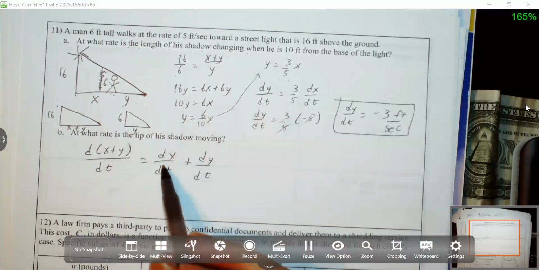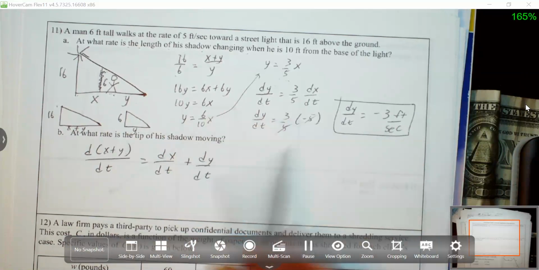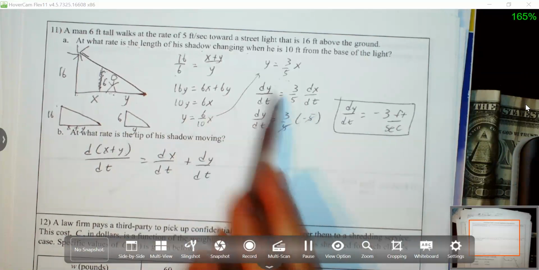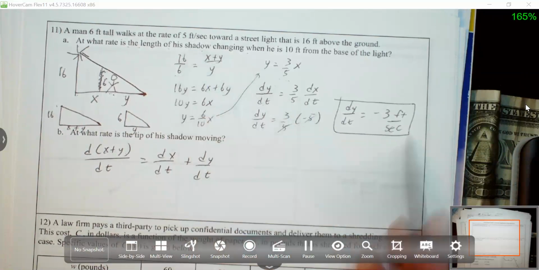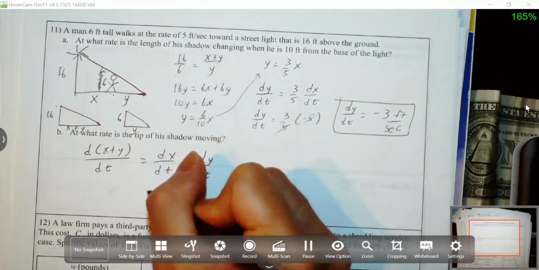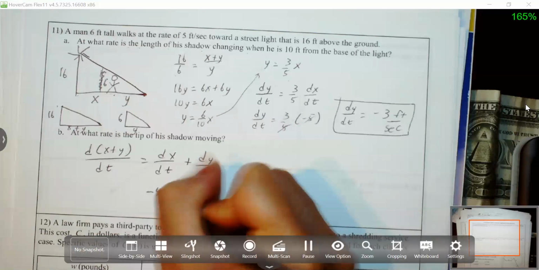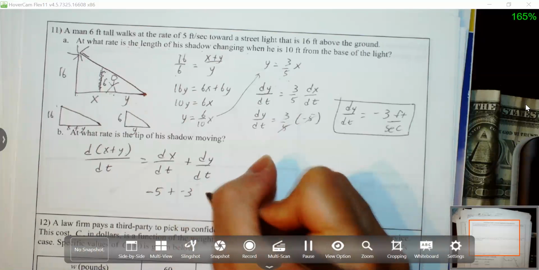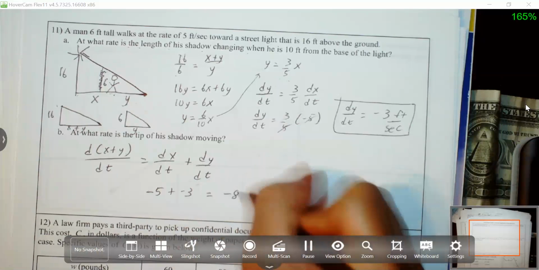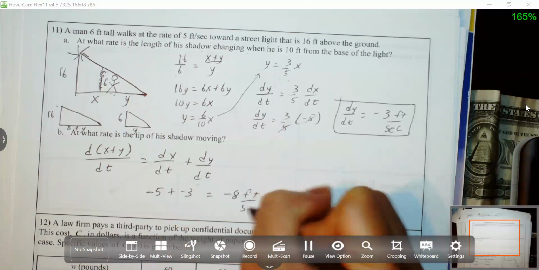And we already have dx/dt and dy/dt. dx/dt was -5 and dy/dt was -3. So this is going to be -8 feet per second.